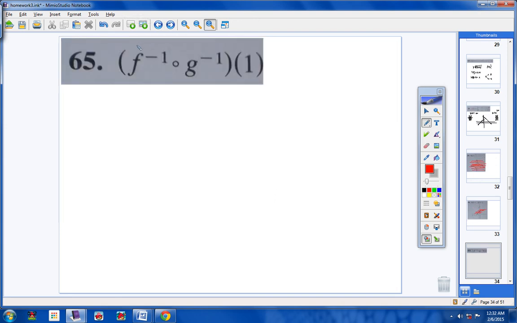Alright, moving on to numbers 65 through 69. We're going to use these functions here. I should have copied these down already. If you look in the directions, you'll see we have f of x equals 1/8 x minus 3, and g of x equals x cubed.